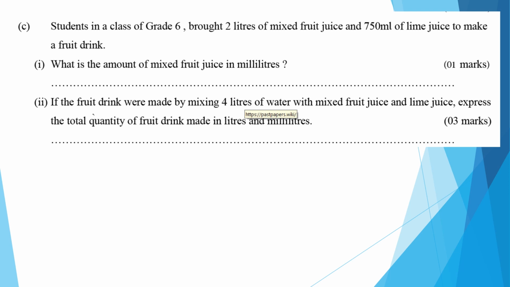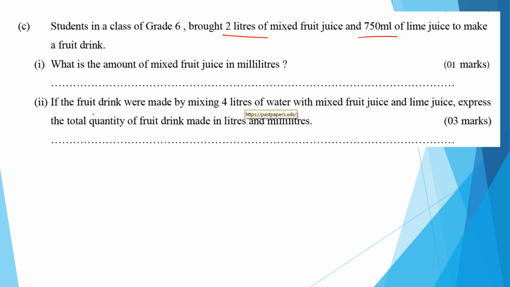What is the amount of mixed fruit juice in milliliters? Let's do this in this way. You can see the students in a class of grade 6 brought 2 liters of mixed fruit juice and 750 milliliters of lime juice to make a fruit drink.